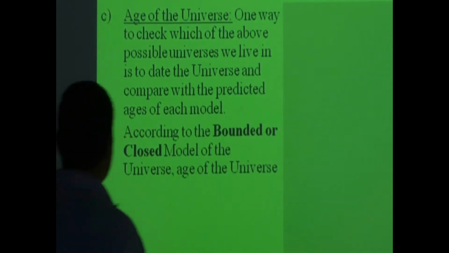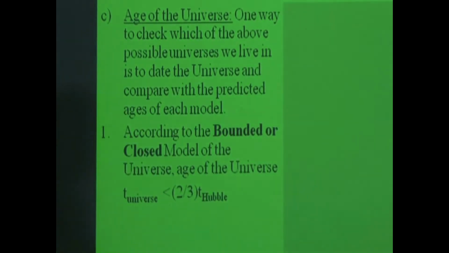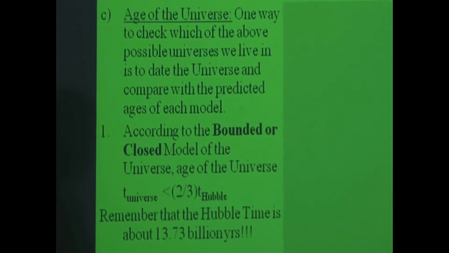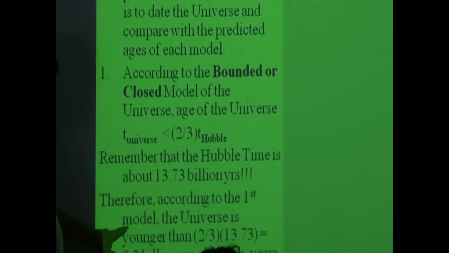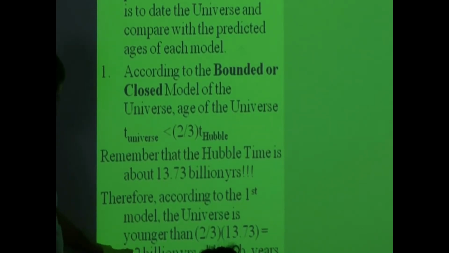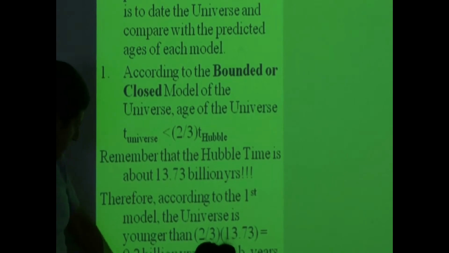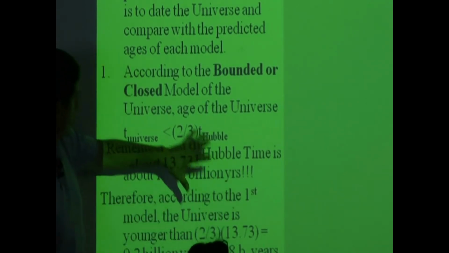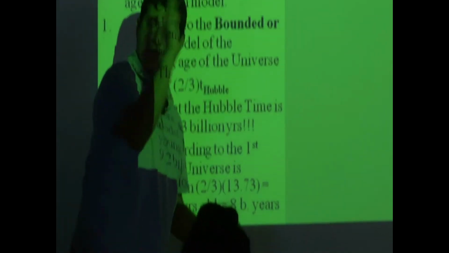So according to the bounded or closed model, the age of the universe is less than 2/3 the Hubble time. Remember that the Hubble time was 13.7. Therefore, according to the first model, the universe is younger than 9.2 billion years old. So according to the closed model, which was the one that I showed you, went like this and back, right?